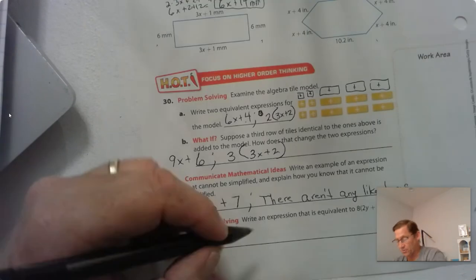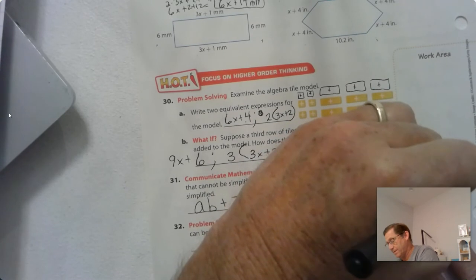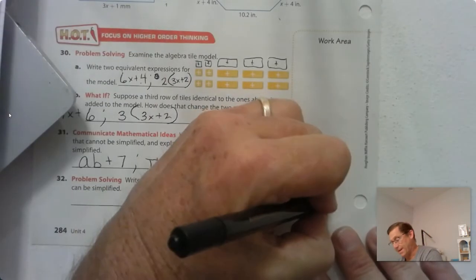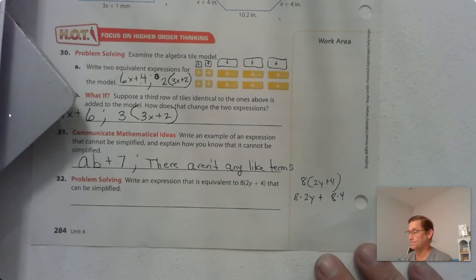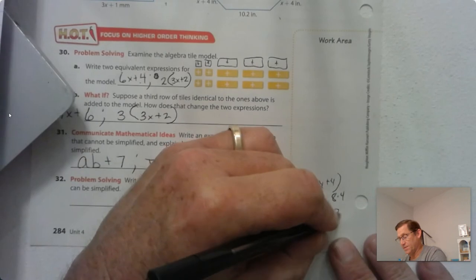All right, so let's do it over here. 8 times 2y plus 4 is the same as saying 8 times 2y plus 8 times 4. So 16y plus 32.